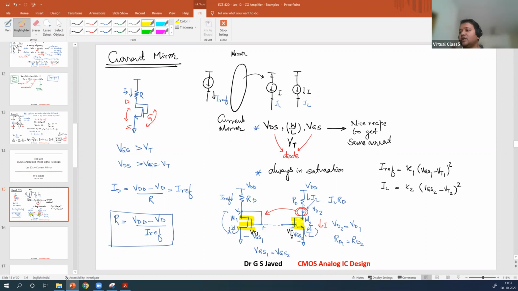By keeping the same transistors, we have ensured VT1 is the same as VT2. By shorting the gates of these two devices, we have ensured VGS1 is equal to VGS2. So these two are common. The only thing left is K, which is mu n Cox W by L. mu n is common, Cox is common. If you keep W by L the same, then you will get IREF equal to IL.